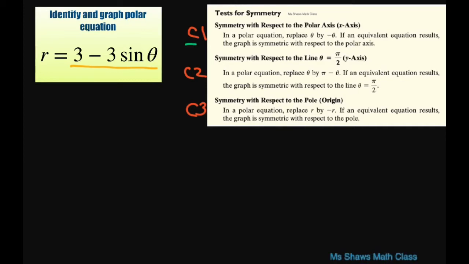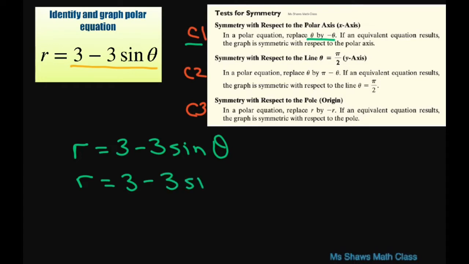So the first one is condition 1. If we have r equals 3 minus 3 sine of theta, we're going to replace theta by negative theta. So we have r equals 3 minus 3 sine of negative theta. If we get an equivalent equation, then it means it's symmetric.